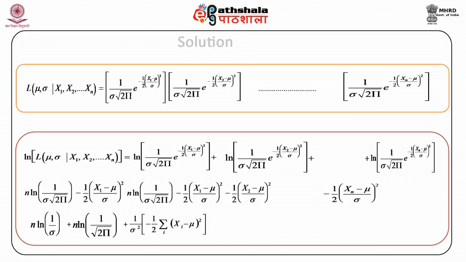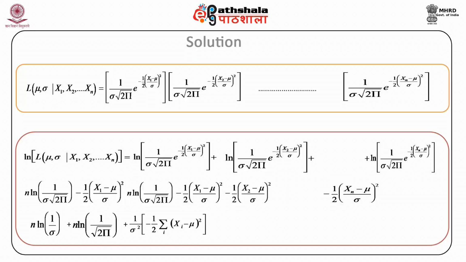Our likelihood function would now look like, which you can see on your screen, L as a function of mu and sigma given the sample from x1 to xn, and is a product of the individual density functions, where the first term is 1 upon sigma into root 2 pi into e raised to power minus half into ((x1 minus mu) by sigma) whole square.